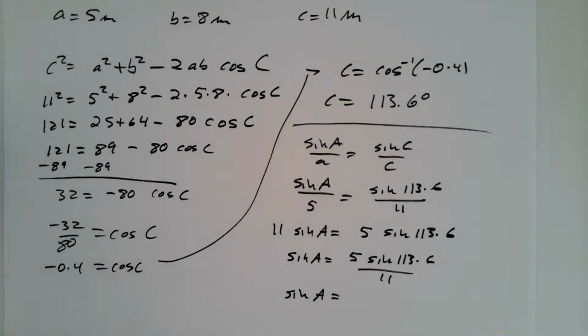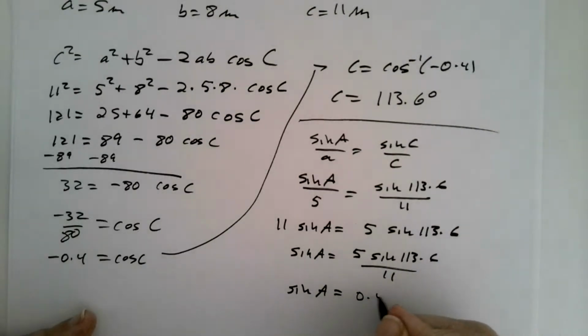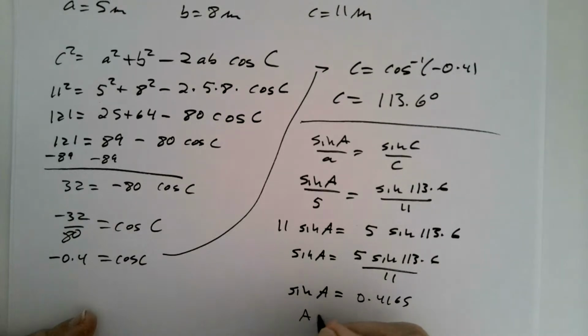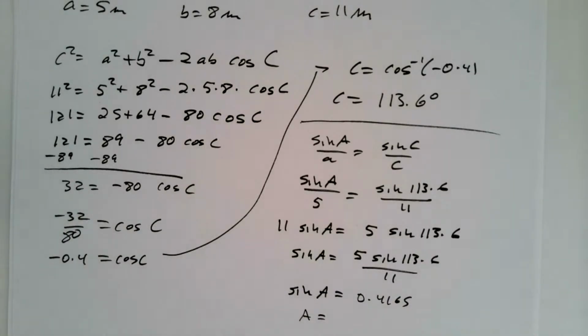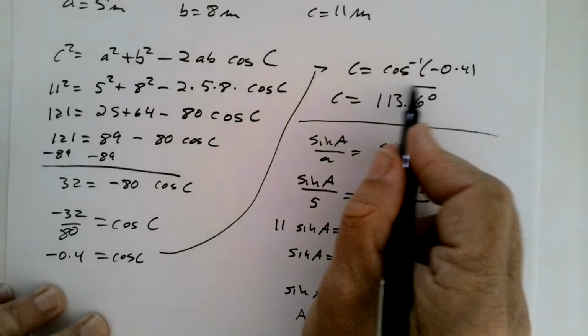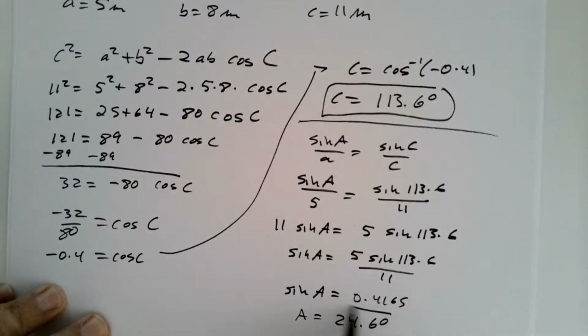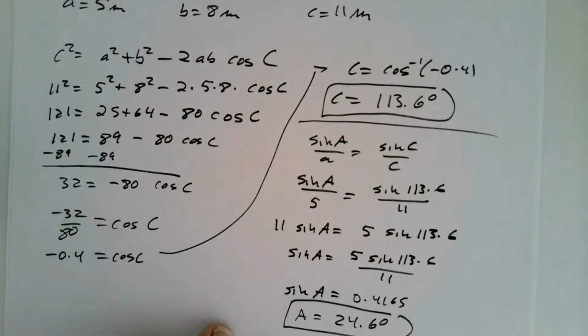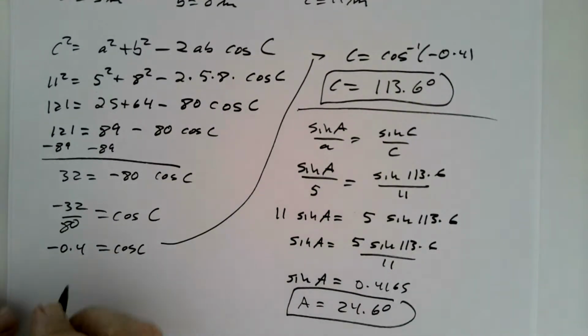Sine A is 5 times sine 113.6 divided by 11, about 0.4165. So A is the inverse sine of that, which gives me 24.6 degrees. So we have angle C, we have angle A, we get angle B by taking 180 minus those.